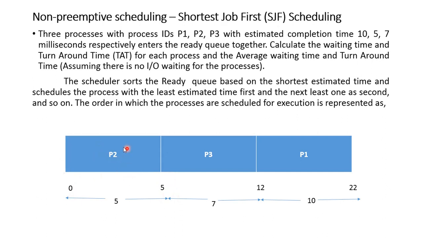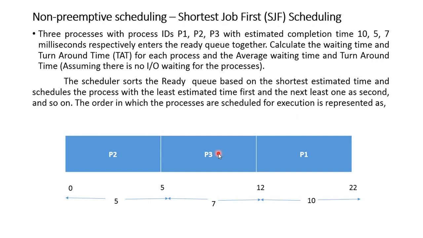P2 does not have to wait in the ready queue because the CPU readily takes it, so the waiting time for P2 is 0. P3 will wait till P2 completes its execution. P2 has an execution time of 5 milliseconds, so the waiting time for P3 in the ready queue is 5 milliseconds. P1 will wait in the ready queue till the execution of P2 and P3 gets completed.